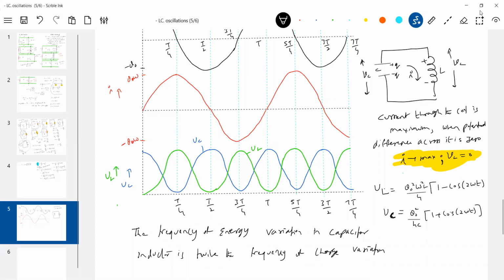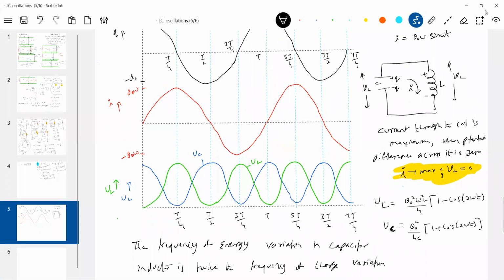So now you see at one instant both are equal, no? At one instant of time both are equal. How many times in one cycle will they be equal? With respect to charge only, we say one cycle. What is one cycle for us? Time taken for the charge variation to complete. This is one cycle. How many times will the energy across capacitor and inductor be equal?